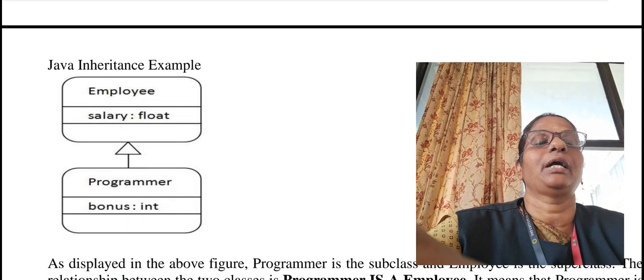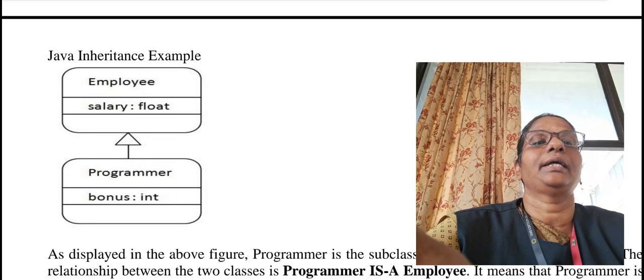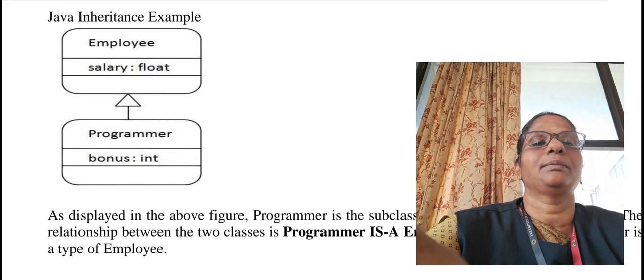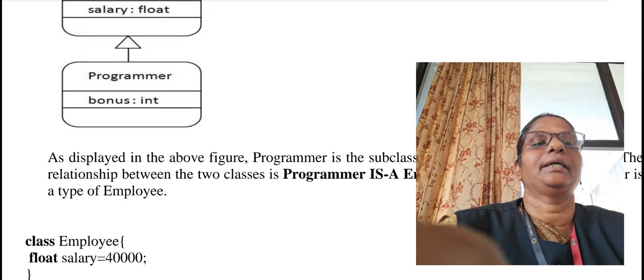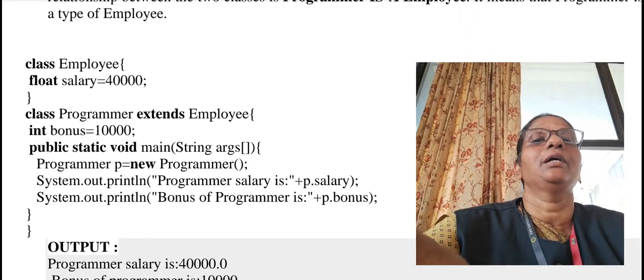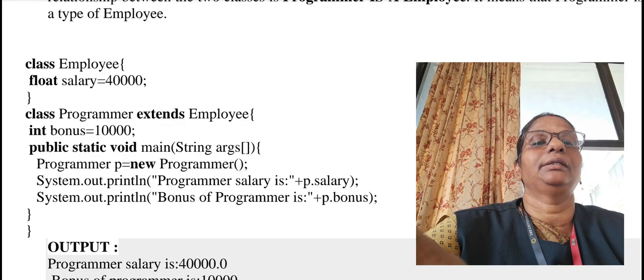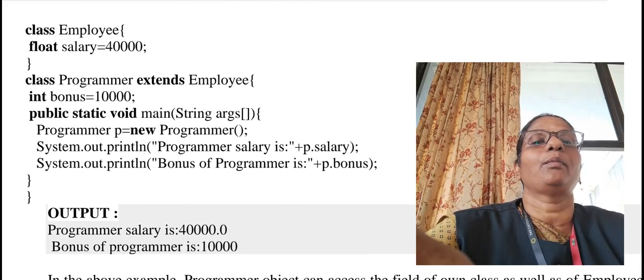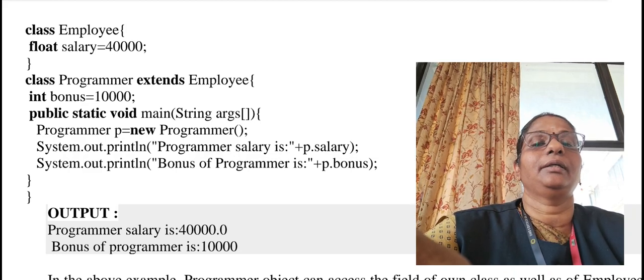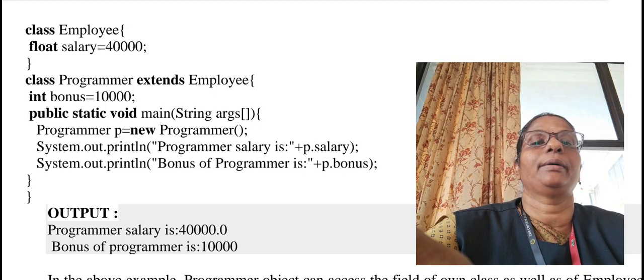For example, if we have Employee as a class name with salary, we declare the data types, and the salary variable as float. Then a class extends Employee with a bonus, where we declare some values, and we can create a new object and a method for programmer.